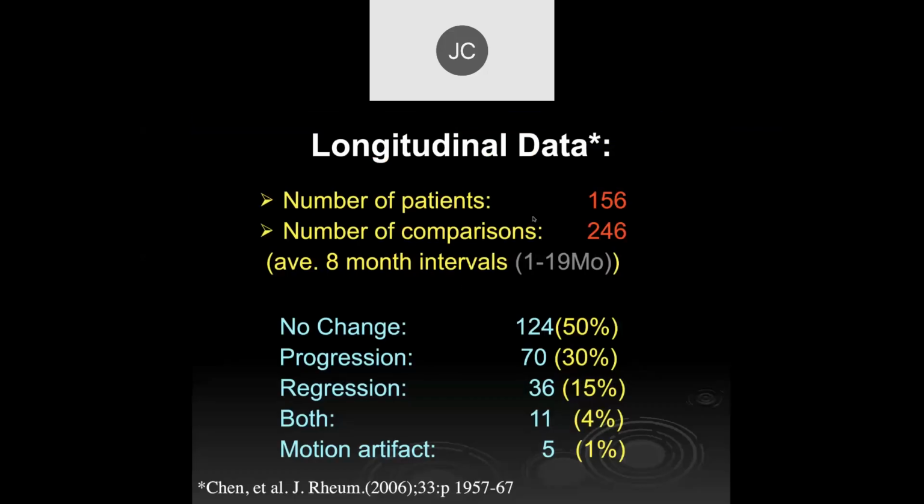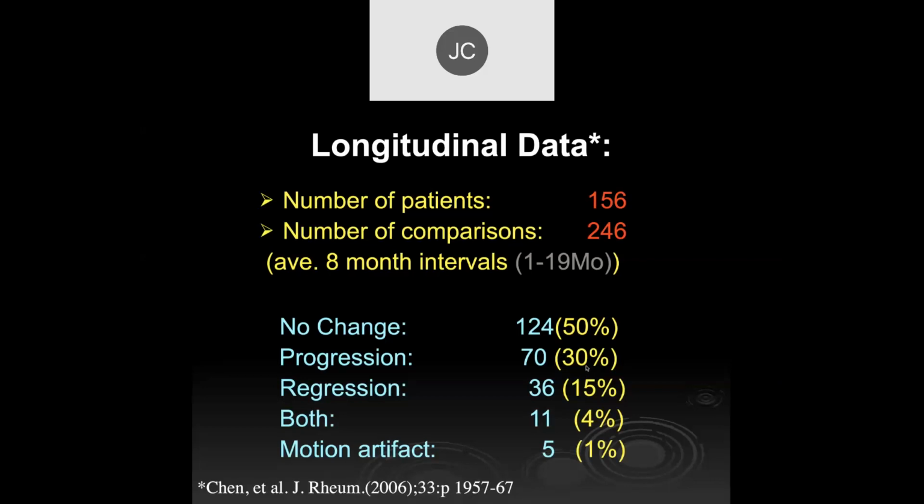And this is some data that we published back in 2006. We looked at 156 patients, comparing 246 different MR scans. The average interval between the MR scans was 8 months, varying between 1 and 19 months. We found about 50% of the time these patients, at this particular time on different treatments, showed no progression.